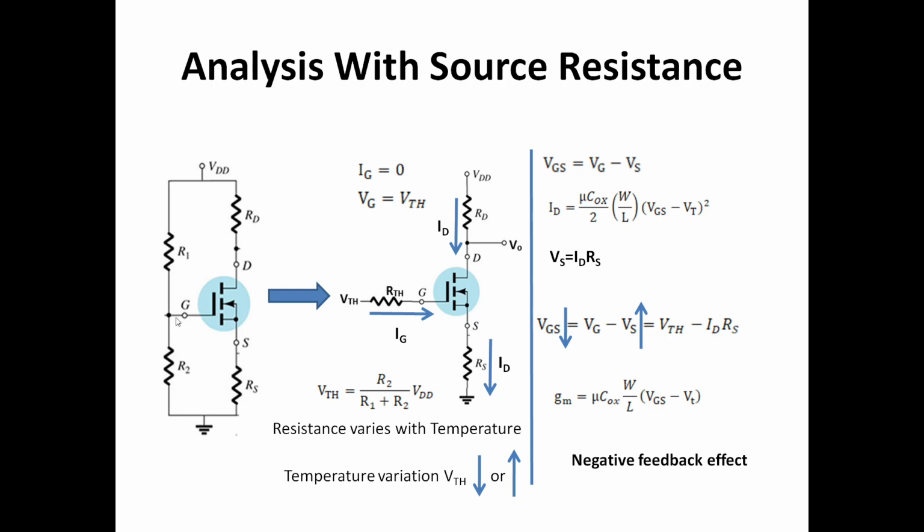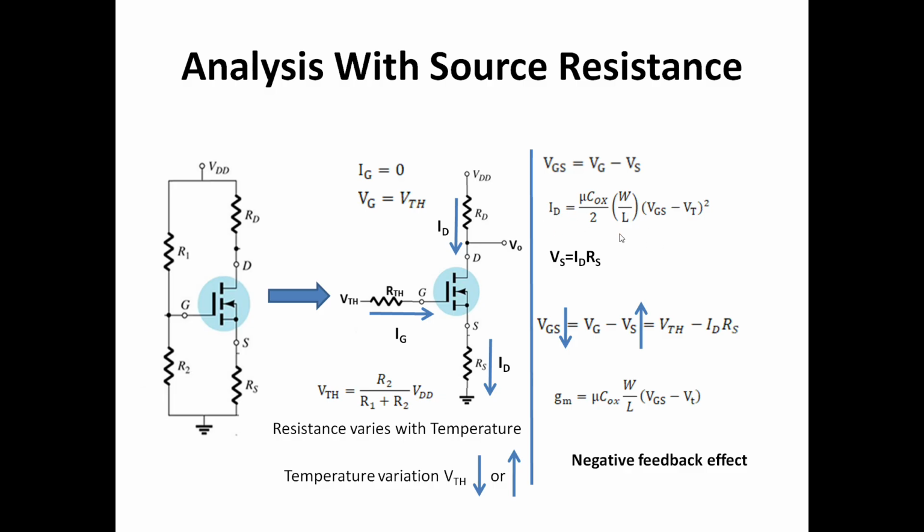Let's take one example. Suppose due to the temperature variation, the gate potential Vg increases, then what will happen? The Vgs will increase due to the increase of gate potential. Now, if Vgs increases, then the ID will increase because ID is dependent on the VGS.